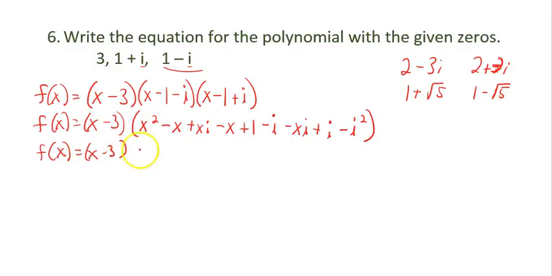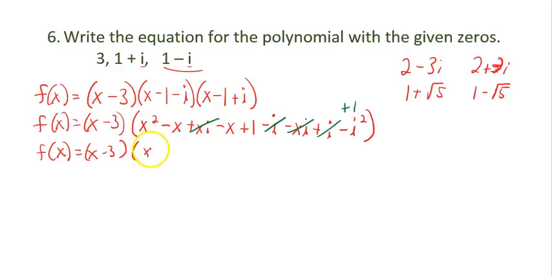And this is why I wanted to multiply these out first, because a lot will cancel. You should notice that the positive xi and the negative xi will cancel. The negative i and the positive i will cancel. The other thing is, when you have i squared, you know it's a negative 1, so negative i squared is the same as plus 1. I can go ahead and think of it like that.